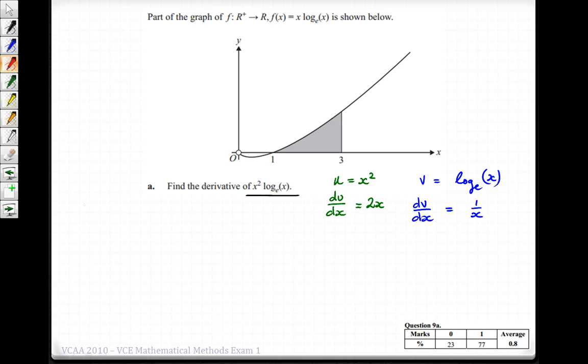Now product rule says that dy dx equals u dot dv dx plus v dot du dx.